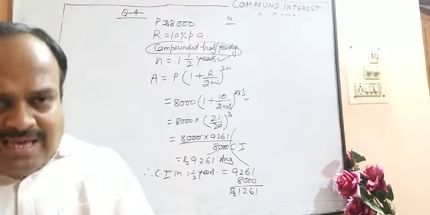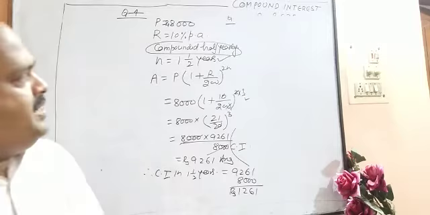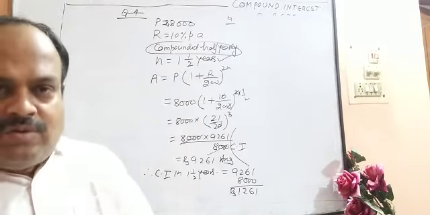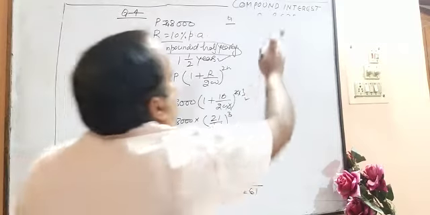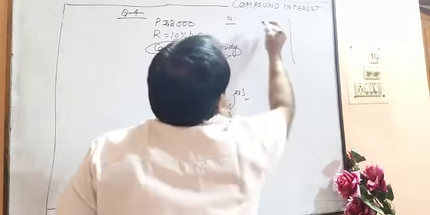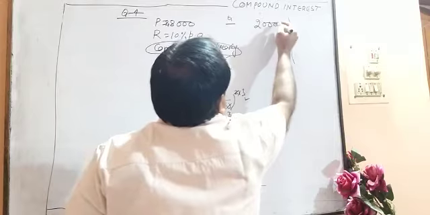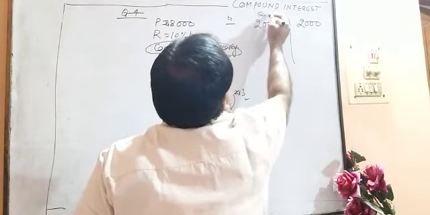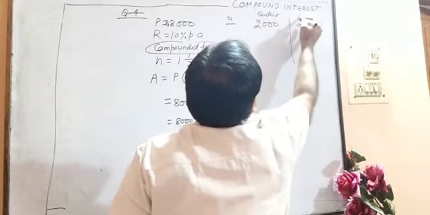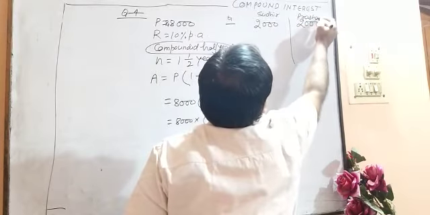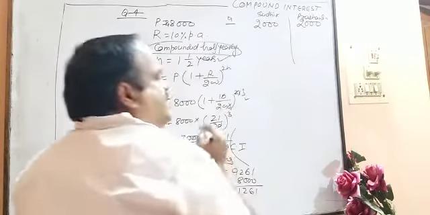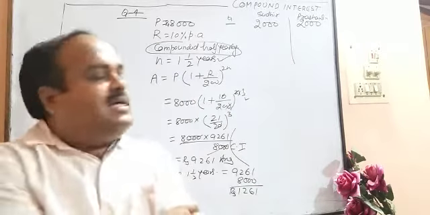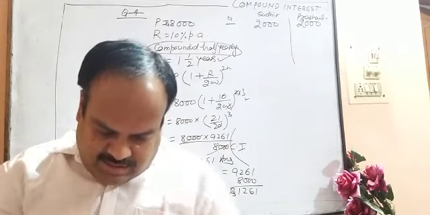Both have lent 2,000 rupees. So both have given the money to someone. Sudhir and Prashant both have lent an equal amount of money, and that is 2,000.